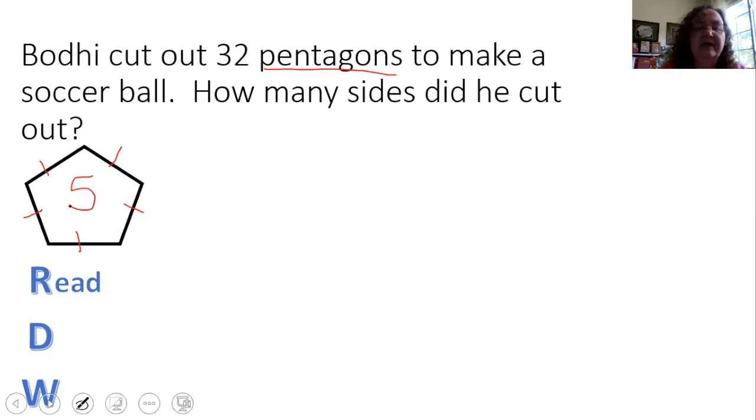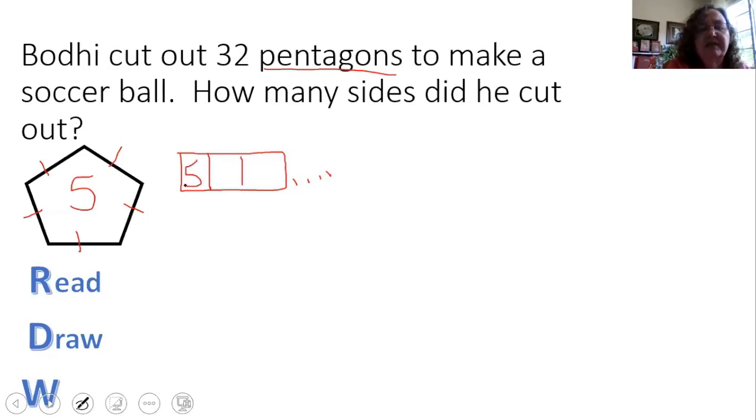So I know that to draw my picture, he's making lots of these pentagons, right? And I don't really want to do that many, so I'm just going to start off with these. This one, he had to cut 5 sides, and this one, he had to cut out 5 sides, and this one, he cut out 5 sides. And I know he did it 32 times to get to the end. That's a lot.